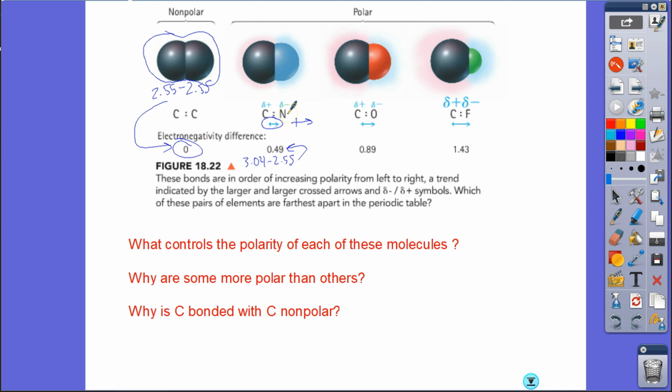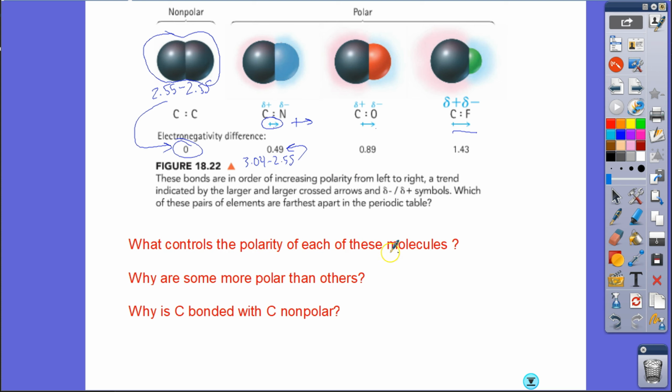Its dipole is a little bit stronger, so this arrow is a little bit longer. Carbon and fluorine is farther apart than any of these, so it's the strongest out of the ones on this page, and therefore its dipole is the largest.